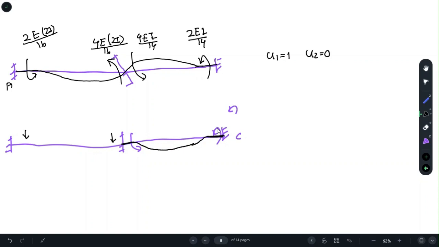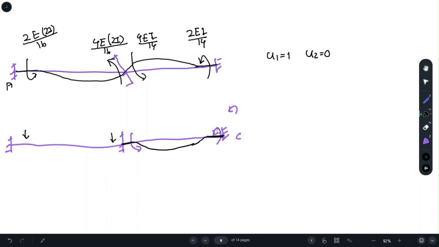There will not be any moments because the doki was here. For the first case, the doki was here, so we got half of the moments here and half of the moments here. But here we got the moment, and we'll get half of the moment here.